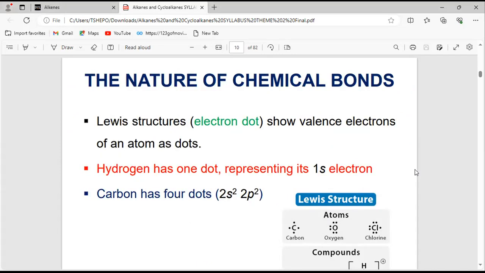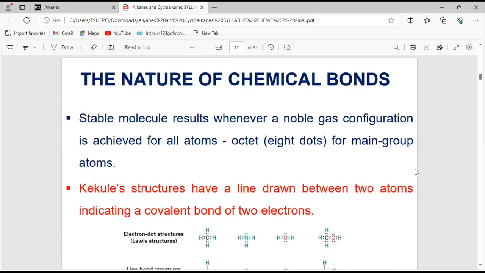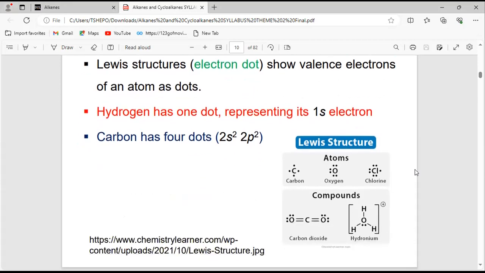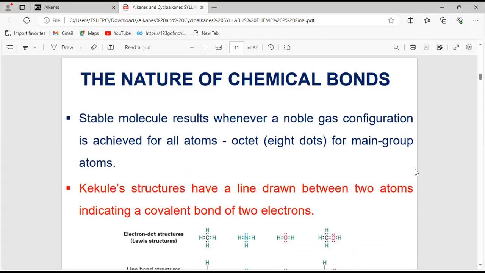We spoke about the Lewis structure. Again, we need to know how to draw a Lewis structure of an organic compound, and not only organic compounds, even inorganic compounds. I saw that they sometimes task us on how to draw the Lewis structure.